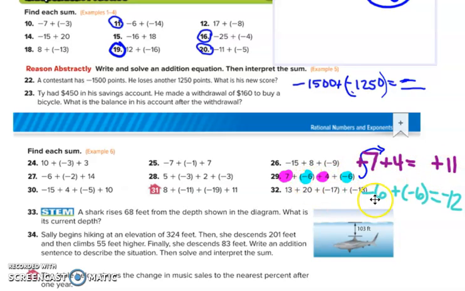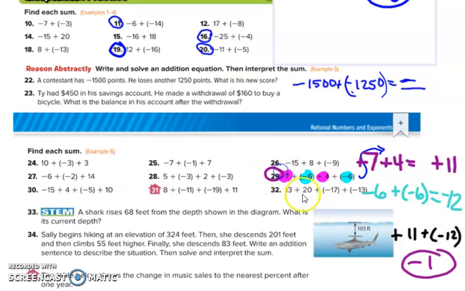The negative 6 plus a negative 6 makes another bigger negative 12. And so now I just go and add these two up. So that's a positive 11, plus a negative 12. So what is that answer going to be? Well, I'll go ahead and subtract 11, subtract 11. I got one more of these left over. So it's going to be a negative 1. Okay, all that work used to figure out number 29.